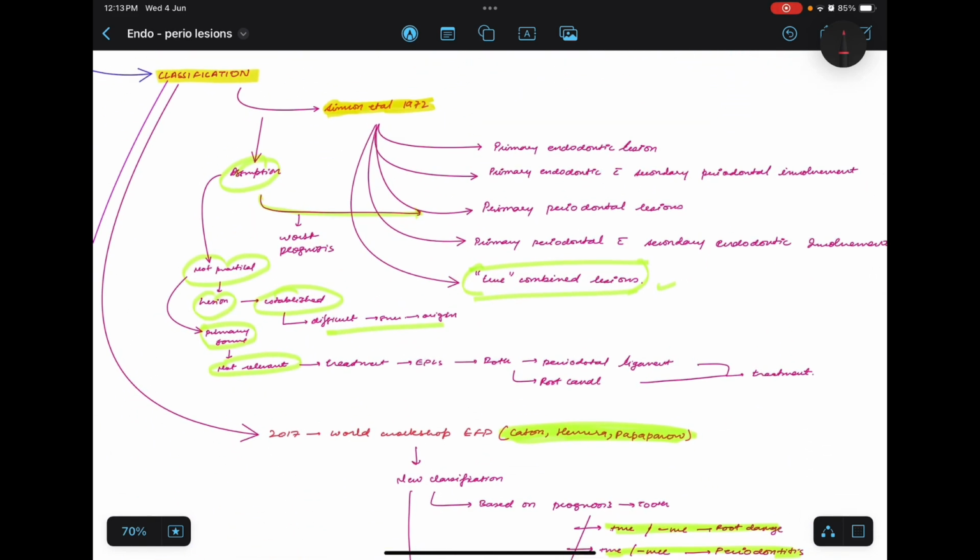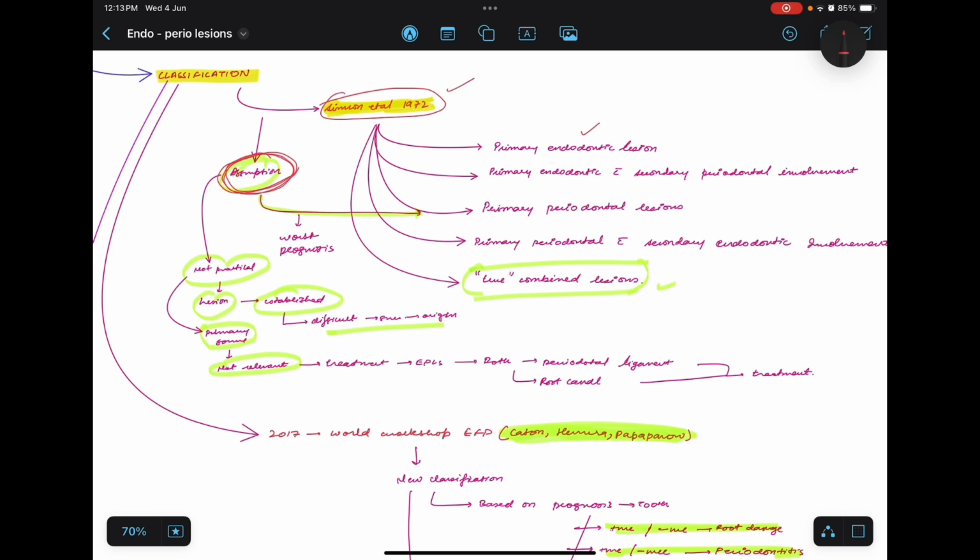The most followed classification is given by Simon et al. in 1972. It was based on the assumption that a lesion progressed because it was primary endodontic, as in the endodontic lesion was the first to occur, which later led to a periodontal lesion and then maybe a combined lesion.